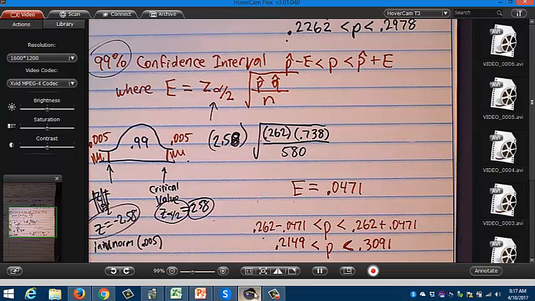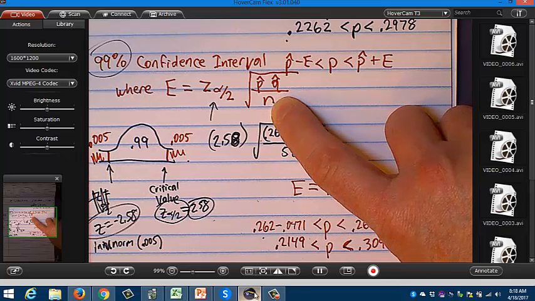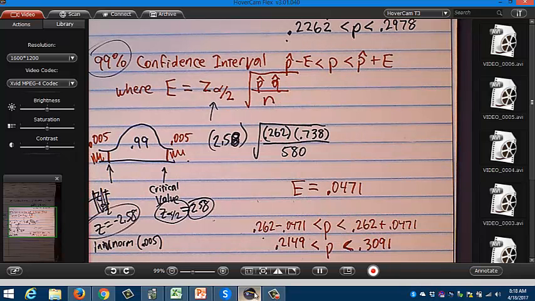But here's the thing, guys. Where does sample size show up in the formula? Right there, right? That denominator is your sample size. So if you get a large sample, what happens to a fraction when you make the denominator large?